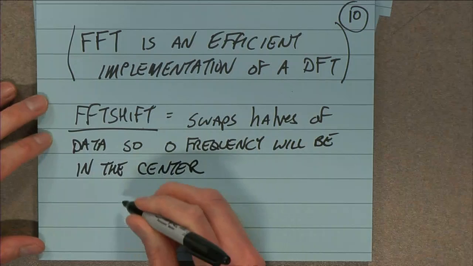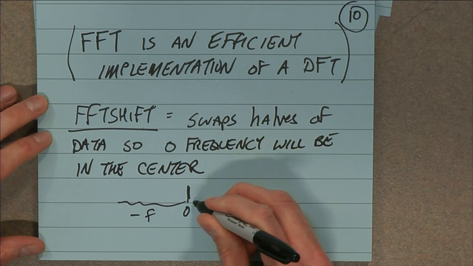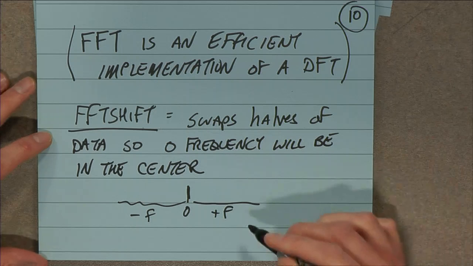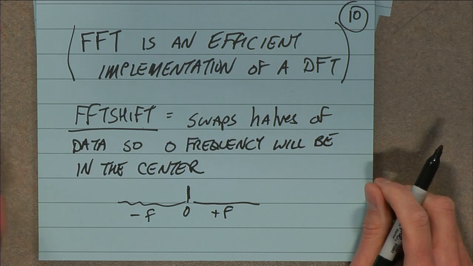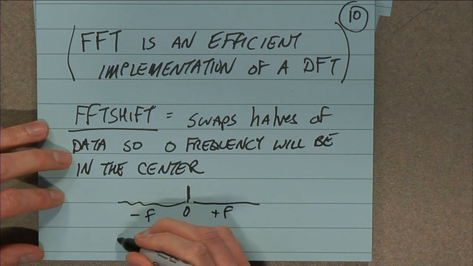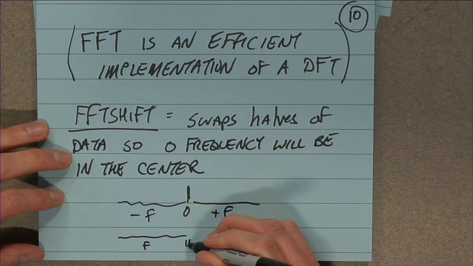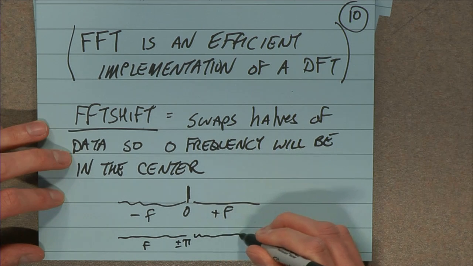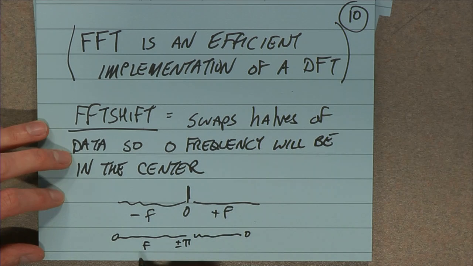So you'll have a spectrum that has negative frequency content here, 0 there, and positive here. It's basically to help you make those friendly looking plots, because when we use the FFT function in MATLAB, guess what? It doesn't come out this way. When you use the FFT function, it basically comes out positive frequencies up to plus and minus pi, and then back down to 0 on both sides. So this is how it comes out.